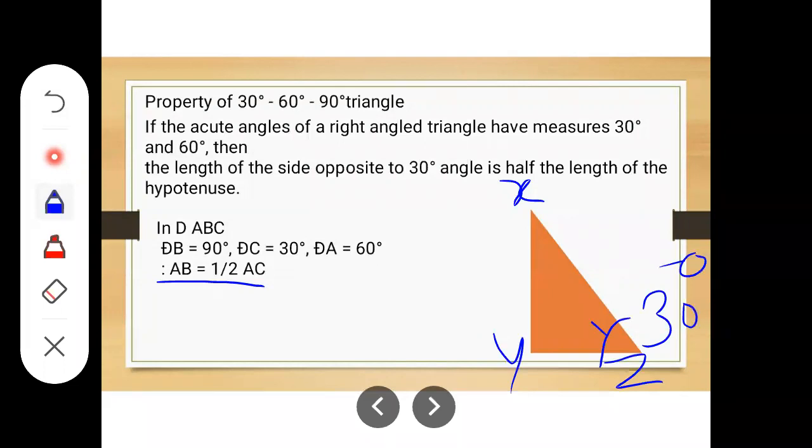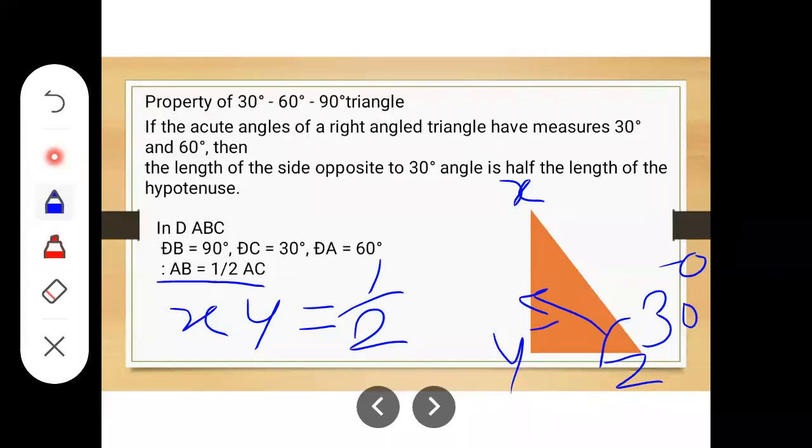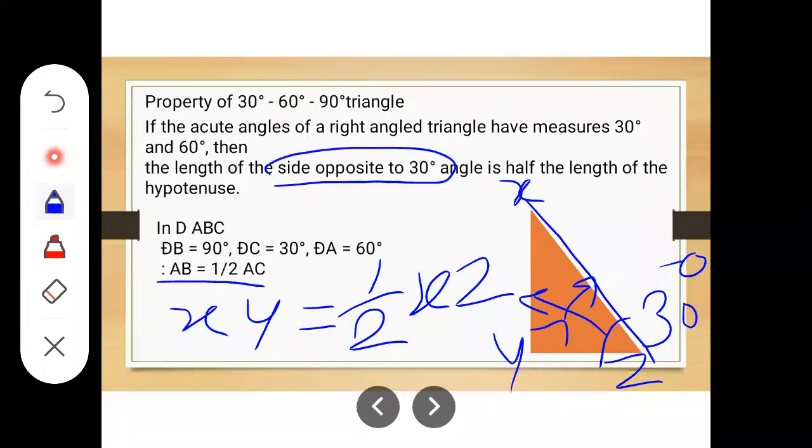The side opposite to 30 degrees, that means XY, is half the length of the hypotenuse. And which is the hypotenuse? As Y is 90 degrees, the side opposite to Y is XZ. So that is XZ. Very easy to write the formula for the side opposite to 30 degrees. Understood?